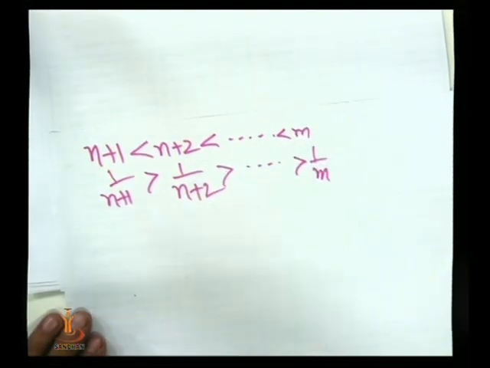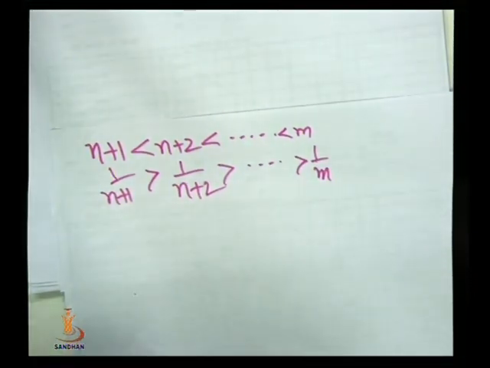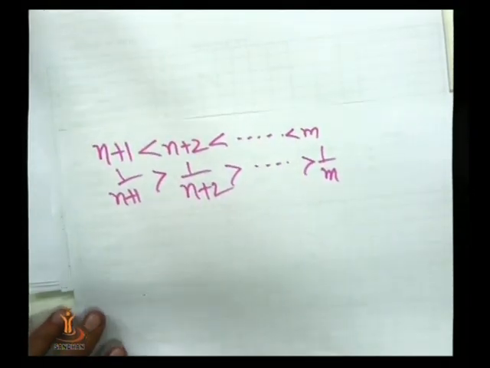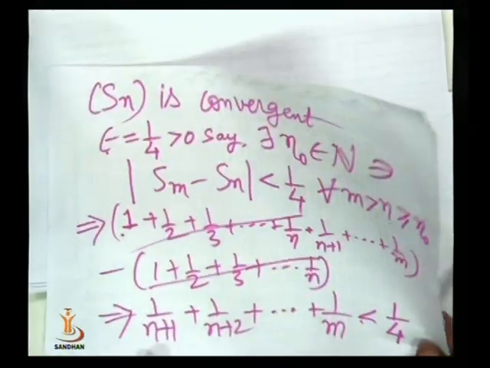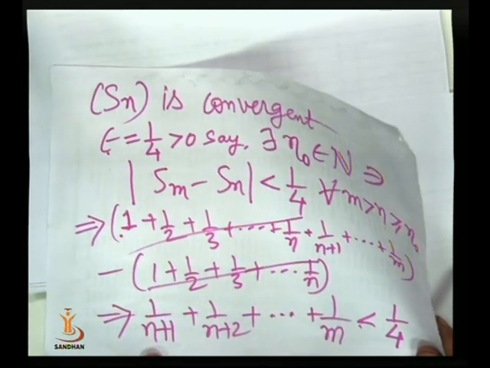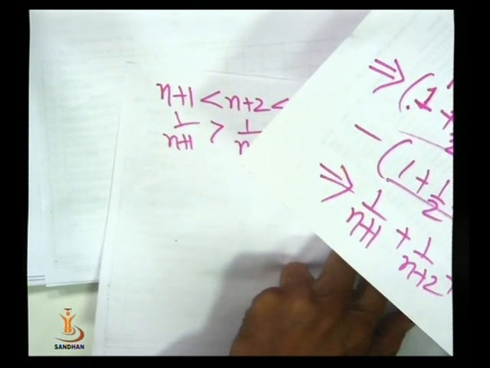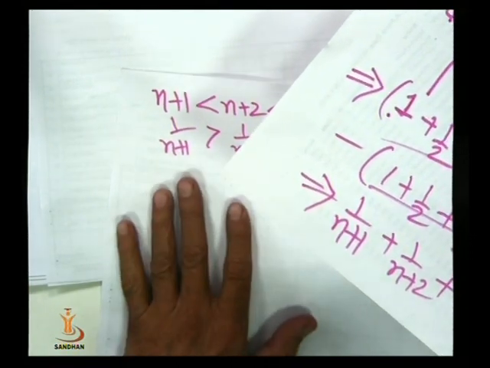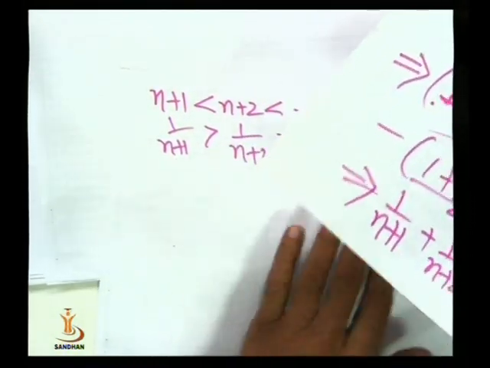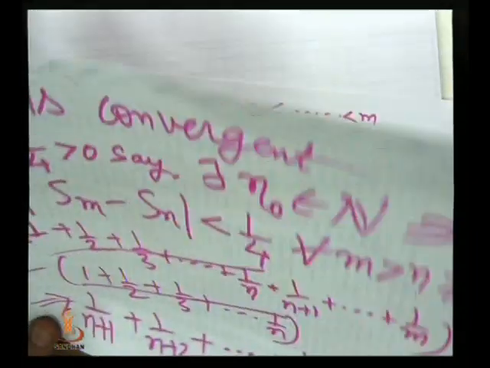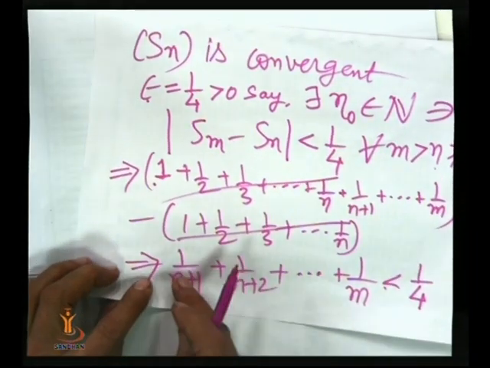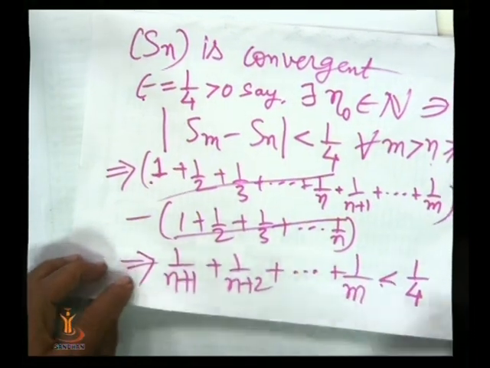than 1 upon m. So if I take each term here, 1 upon n plus 1 is greater than 1 upon m. So if I replace 1 upon n plus 1 by 1 upon m, then the left hand side is greater than this one.